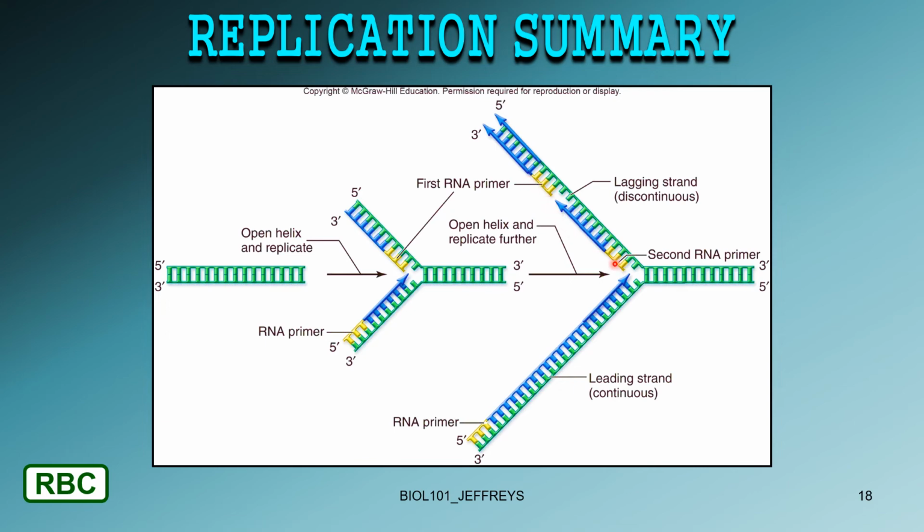Polymerase, so that's DNA primase. Polymerase 3 comes in, lays down the DNA bases in the 5' to 3' direction. And polymerase 1 will come in, remove the RNA primer, lay down those bases, and ligase will then come in and tie these Okazaki fragments together.